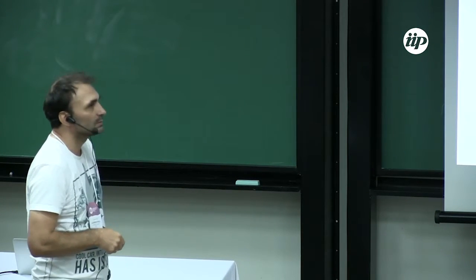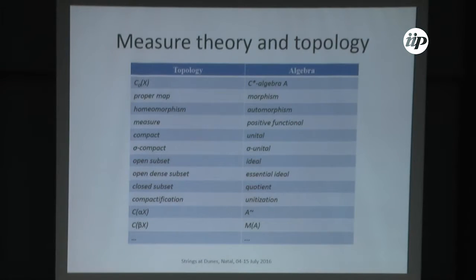The maximal possible compactification, the Stone-Čech compactification, will give you the multiplier algebra, which essentially is the biggest C-star algebra with unity which admits your original C-star algebra as a non-trivial ideal, and so on and so forth.